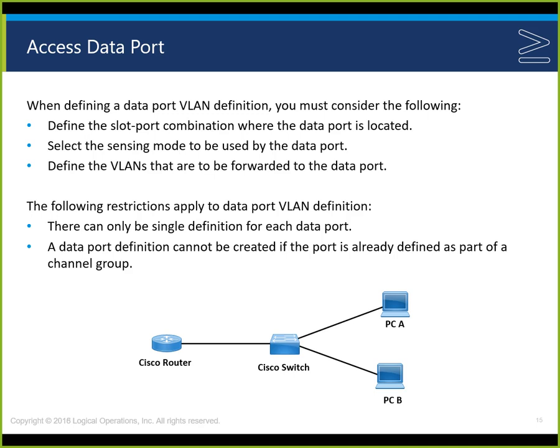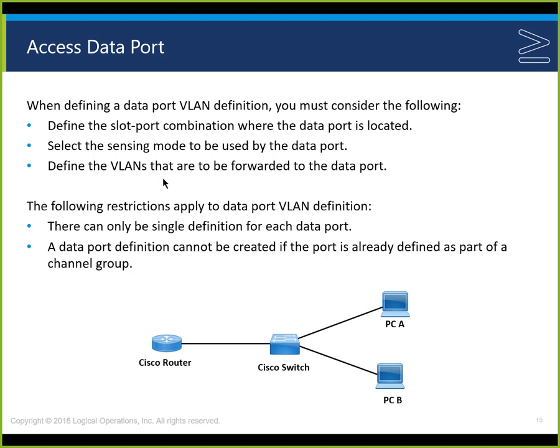Access the data port. When you define a data port, you must consider the following: the slot port combination. That's like Fast Ethernet 0/1, 0/2, whatever. The 0 is the slot, and then the number is the port number.